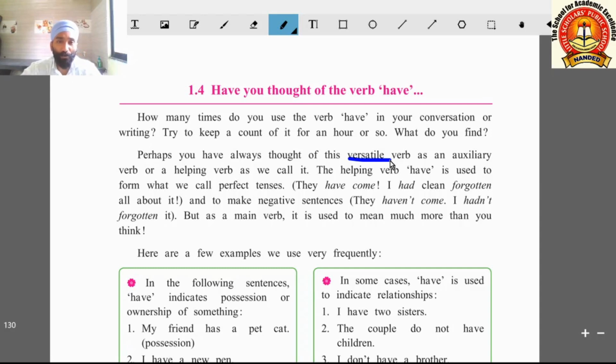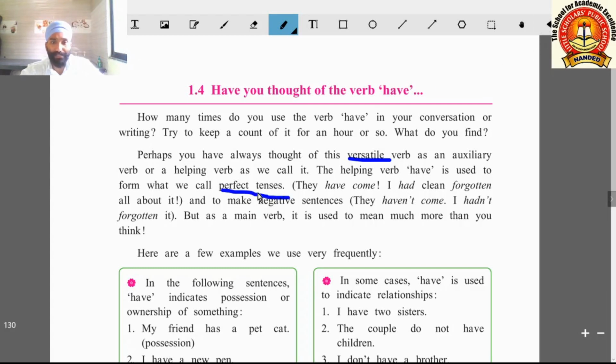So if you want to form present perfect tenses, you use have or has as a helping verb. But here we are going to see something different. The helping verb have is used to form what we call perfect tenses.